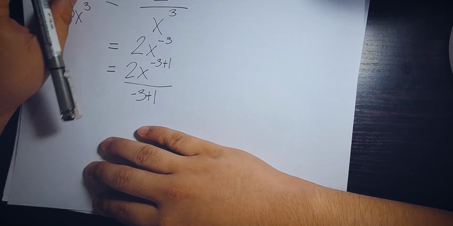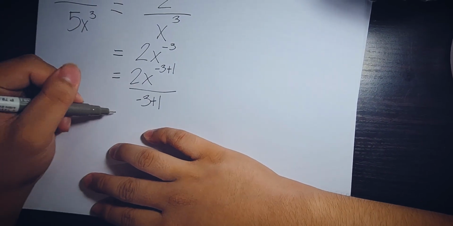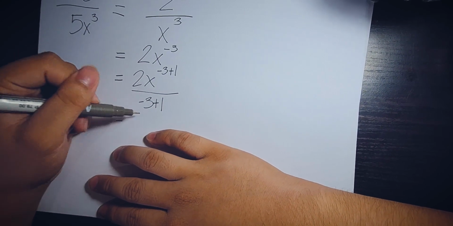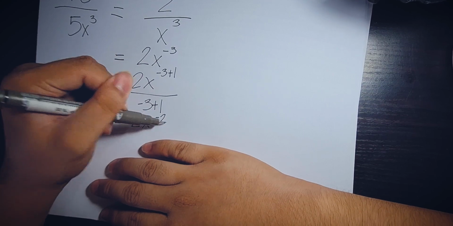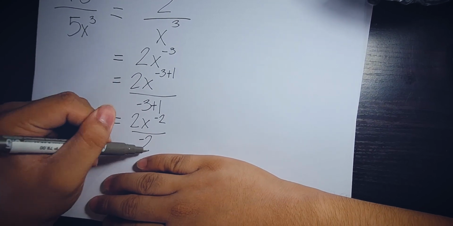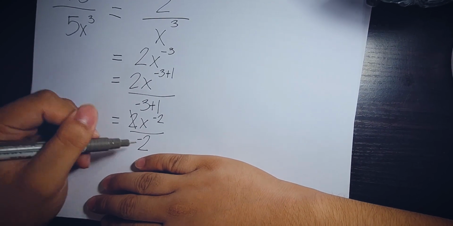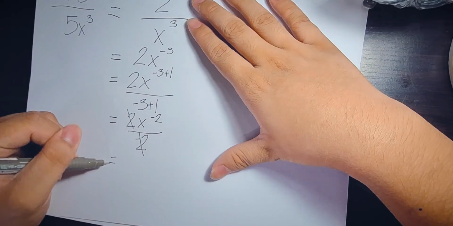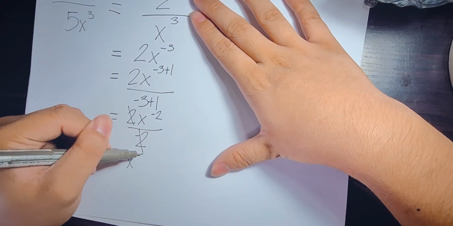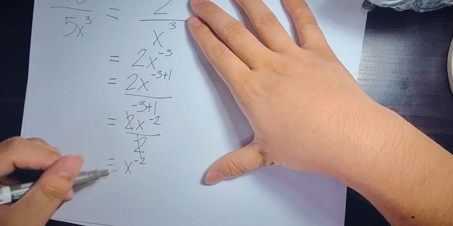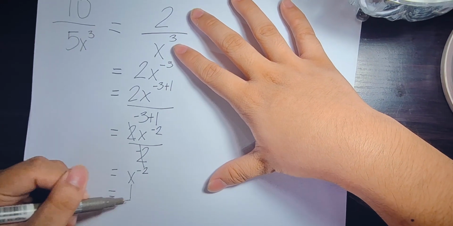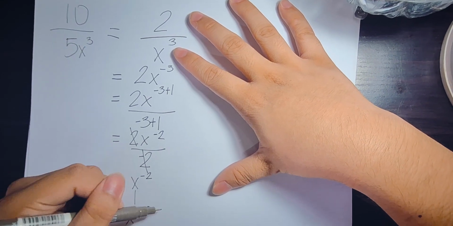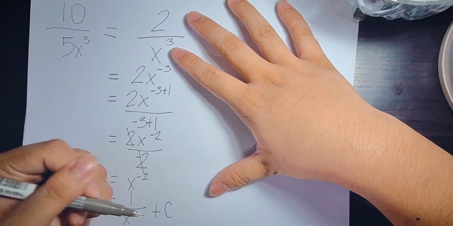Then, we further simplify the fraction until we get its simplest form. Divide both sides by 2, cancel it out, and then we will get x to the power of negative 2. Turn it into a proper fraction, and then add c to represent the constant.